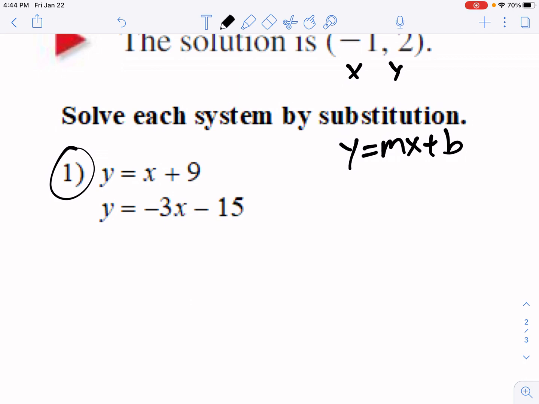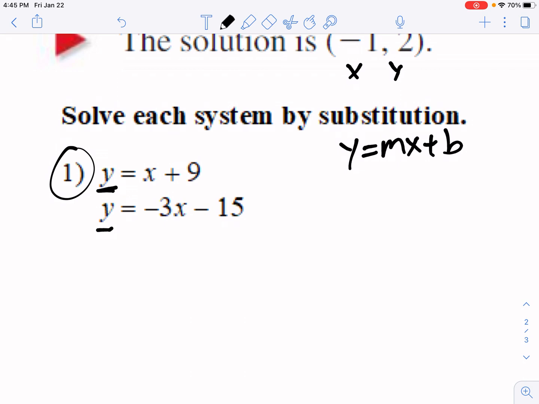Step number 2, we have to take one of our equations that has the expression that is solved for and plug that into the proper variable in the second equation, okay? So notice, what this says is y equals x plus 9 and y equals a negative 3x minus 15.